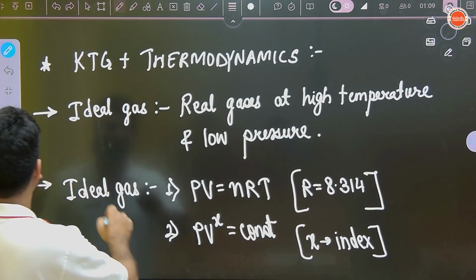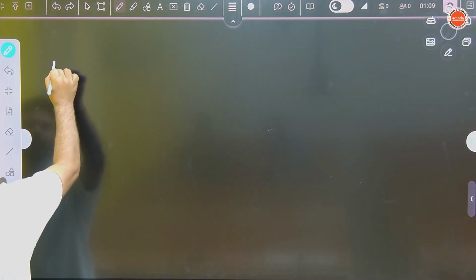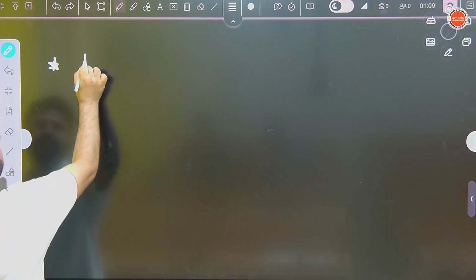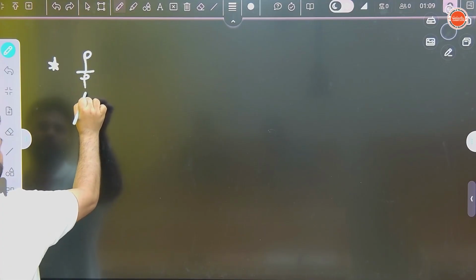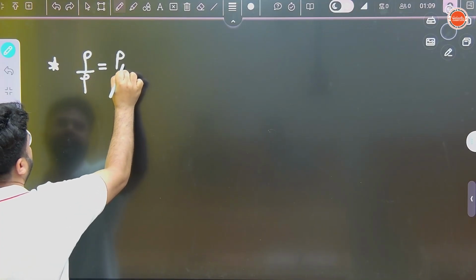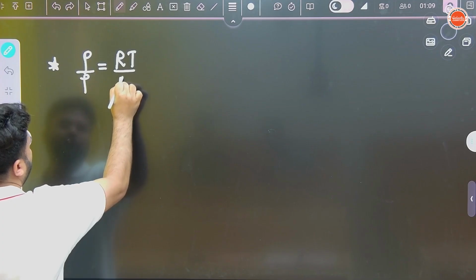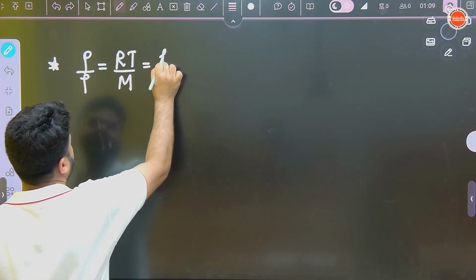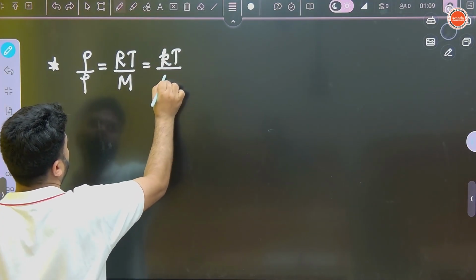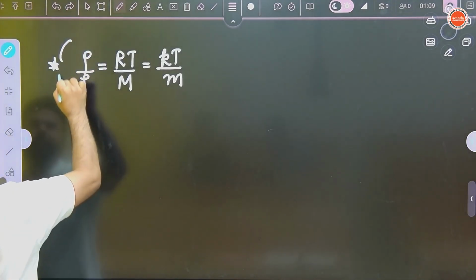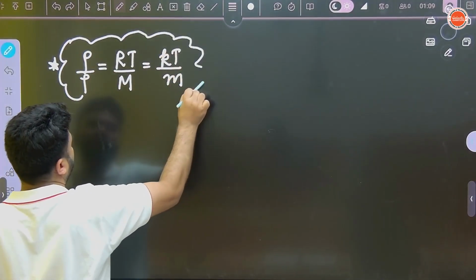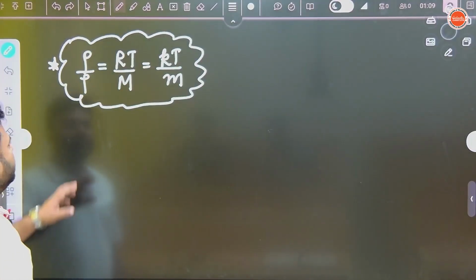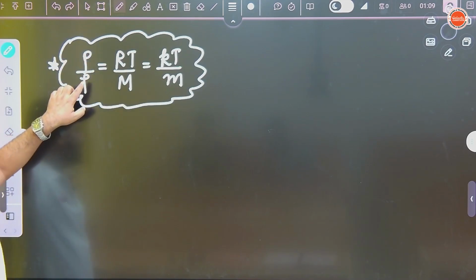Now we have some relations that you need to remember. P by rho equals RT by M equals kT by small m. Very important relation. I am not deriving it. P is the pressure of the gas divided by density of the gas.